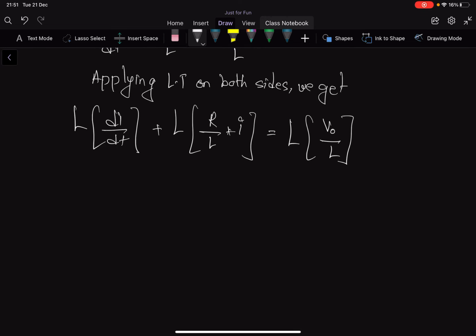So the Laplace of the first derivative is simply going to be sI(s) minus I(0+). Similarly, we have this R over L as a constant, and the Laplace of I is going to be I(s). You can write multiply here. And then we have the Laplace of a constant, which is V naught over L, is going to be V naught over L divided by s.